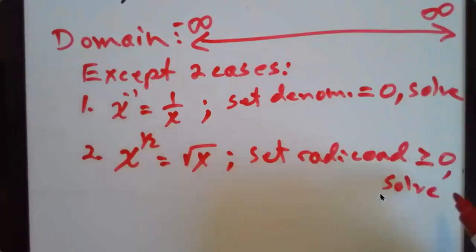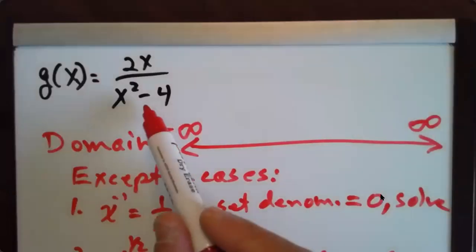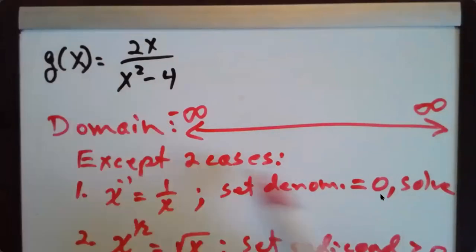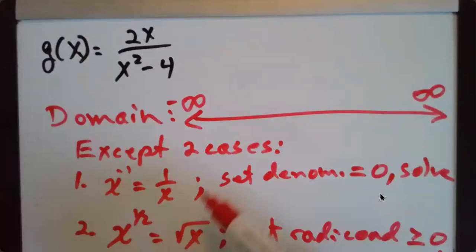In this case, we're looking at 2x over x squared minus 4. We assume that it's all real numbers unless there's an x in the denominator or x in the radicals. So do we have either one of these cases for our problem?